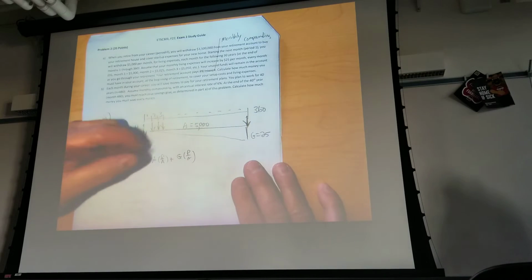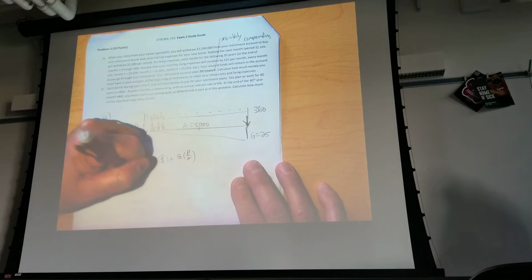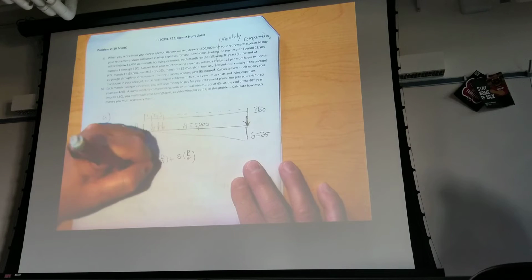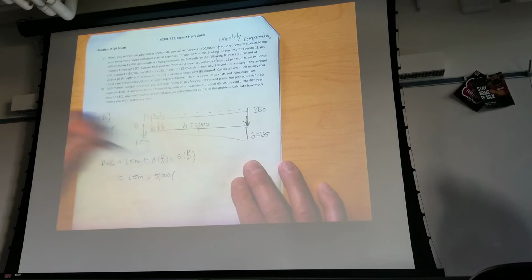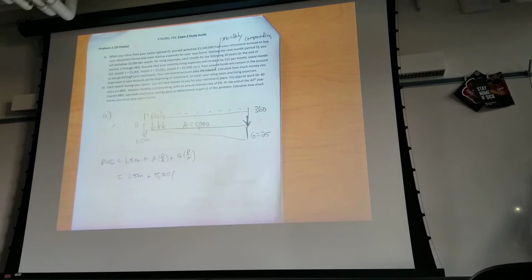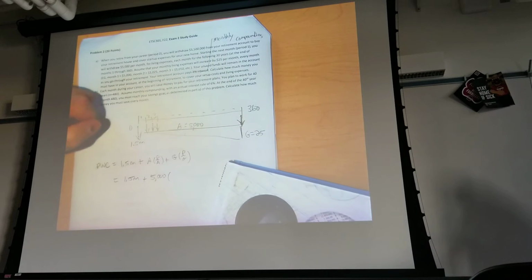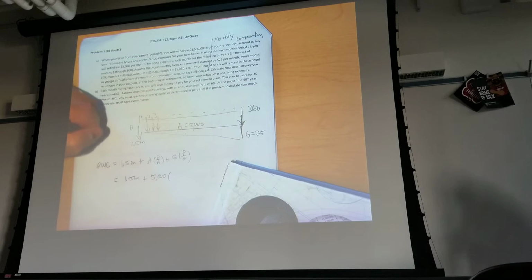Okay, so equals 1.5 million plus 5,000, 3% over 12 is a 1/4%.